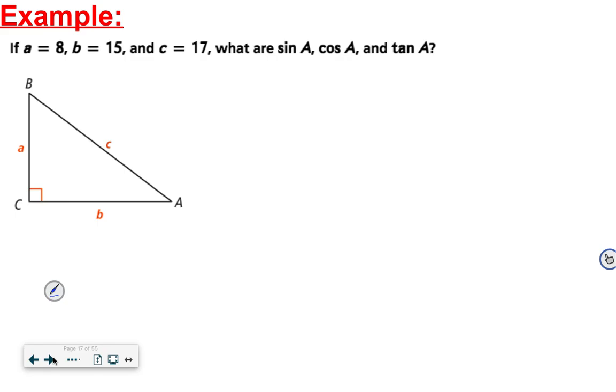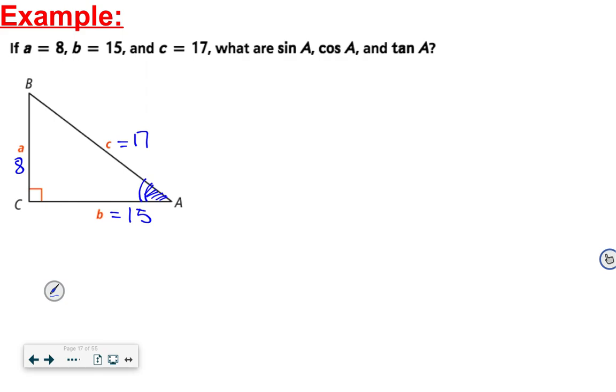Our angle is A. So whatever trigonometric ratios you are going to get, you will take them according to angle A. So first, let me plug in. The length of a is 8. The length of b is 15. And c is 17. After that, my angle is going to be angle A.